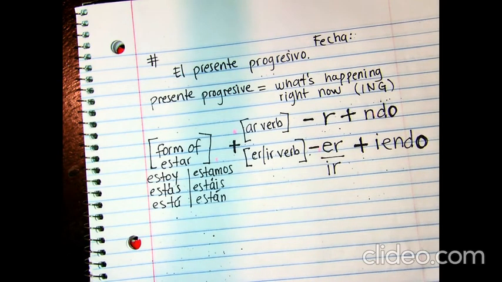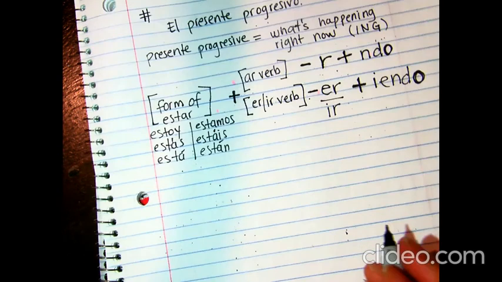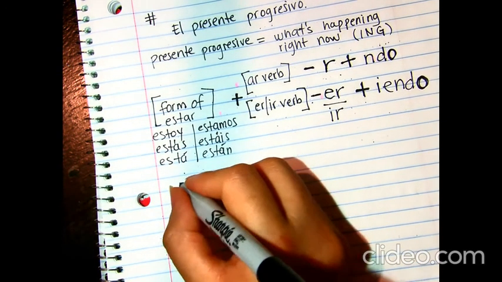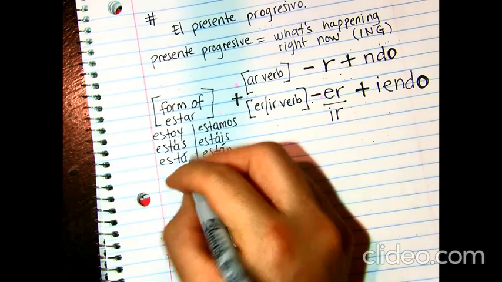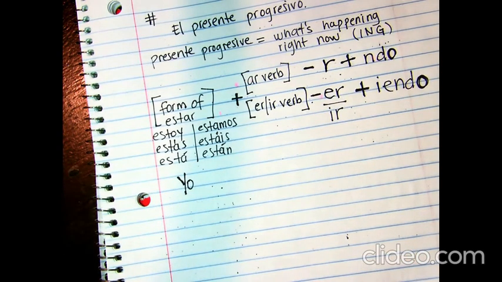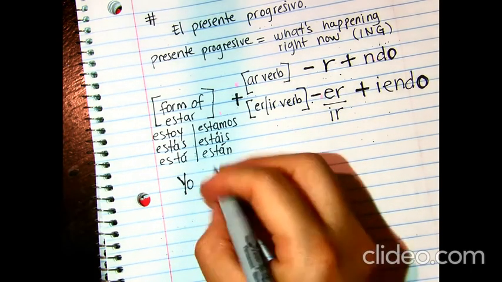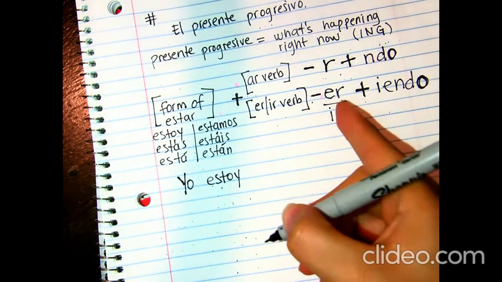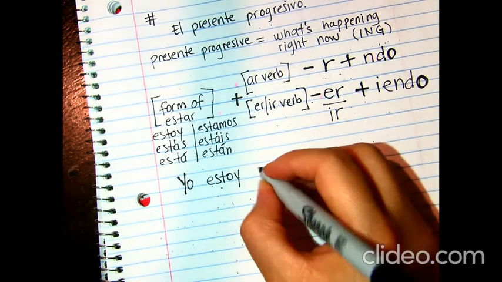How does that look? Well, let's do some examples. For example, I want to say, I'm eating. You're going to say, yo, form of estar, yo estoy. It's an ER verb, eating, comer.